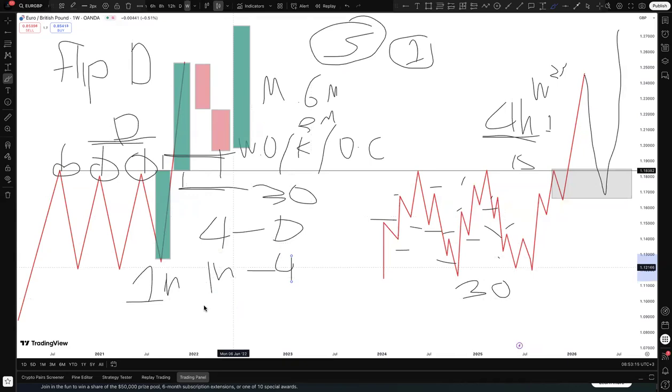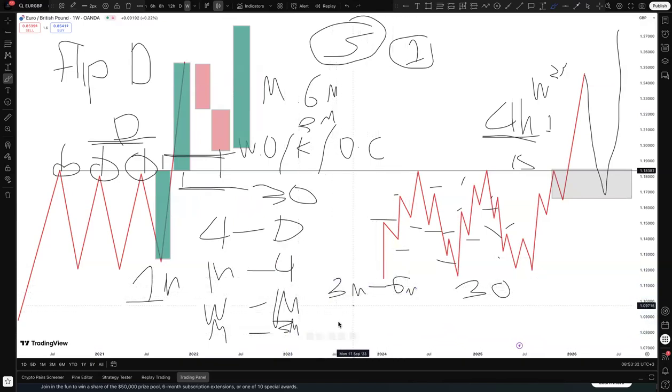We have a weekly, we confirm it with monthly. If it's monthly, we use 3 months. Is it okay? If it is 3 months, we use 6 months. If it is 6 months, we check 12 months. Is it okay? This is flip entry one.